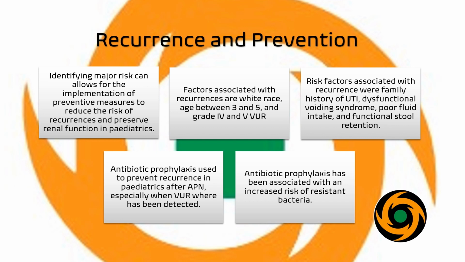Antibiotic prophylaxis used to prevent recurrence in pediatrics after acute pyelonephritis has been pertinent, especially where vesicoureteral reflux has been detected. Antibiotic prophylaxis has also been associated with an increased risk of resistant bacteria in pyelonephritis and acute pyelonephritis cases.